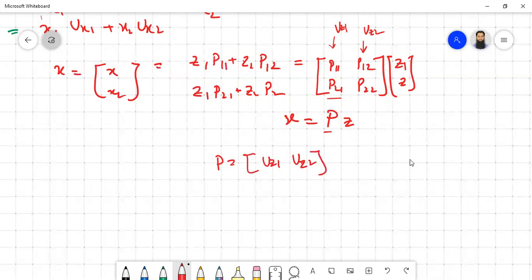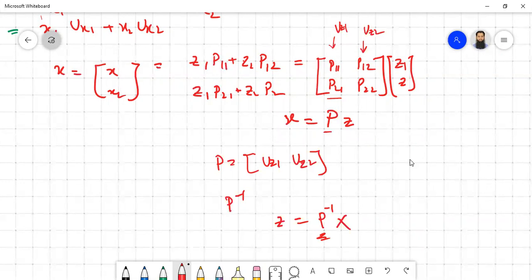Since P is known, you can easily find the inverse of P as well. So Z can be written as P inverse X. The bottom line is finding P. Once we know P, the coordinates of Uz1 and Uz2, we can easily represent the system in this way.